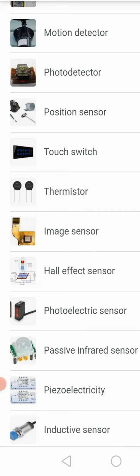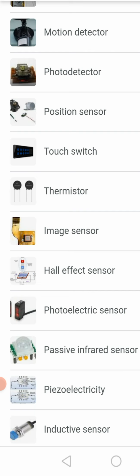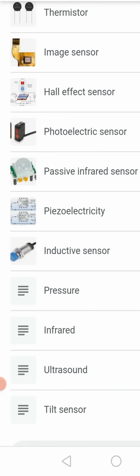Next is the inductive sensor. It is also a sensor that is used to detect the position or motion or distance of an object by changing its inductance in response to that.